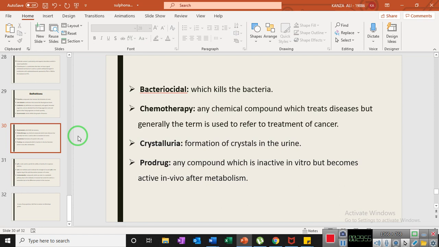But if the molecule results in the formation of crystals in the urine, it means the patient is going to suffer from another problem. That's why that is a toxic effect of the molecules.